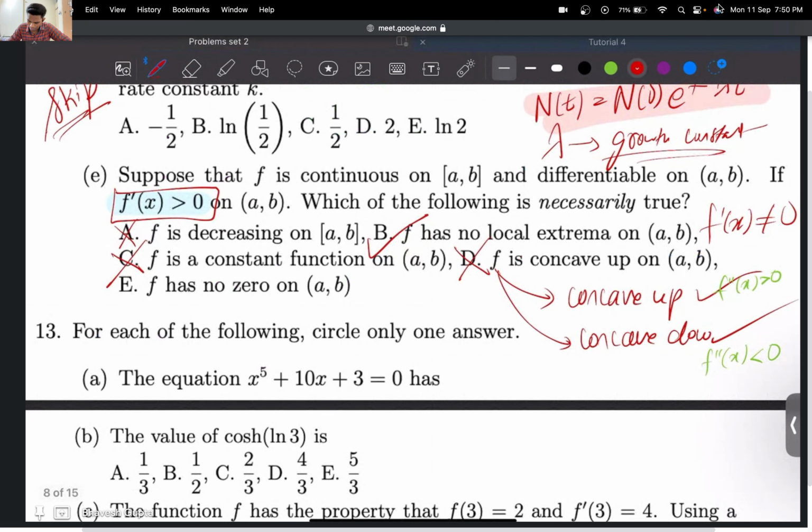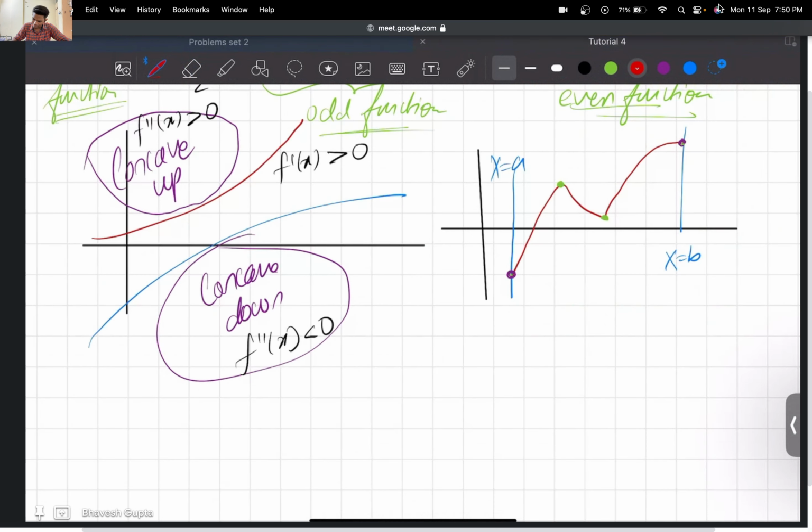And if you see the E part, f has no zero. No zero in the sense of no roots. So they are basically the same thing. When we see that this is true, it might not be. For example, I can give you one example. For example, f of x equal to e to the power x, and let's say this is defined for all x from 0 to 1.